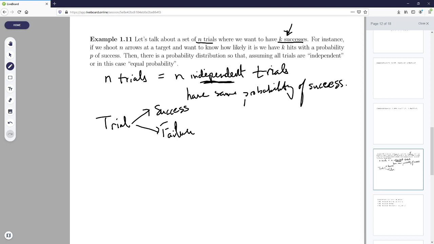A lot of times you can pretend that success is hitting the target and failure is not. Or success could be that a certain drug works, or that somebody picks a certain thing, or that a coin flip goes a certain way. Whatever it means in the case of the problem, that's what a success is going to be. And a failure is just going to be not a success.